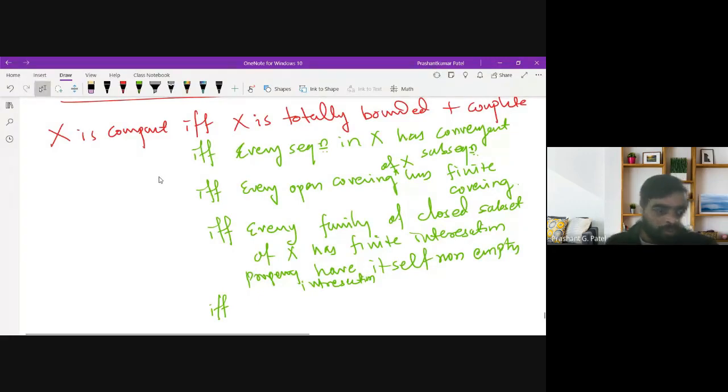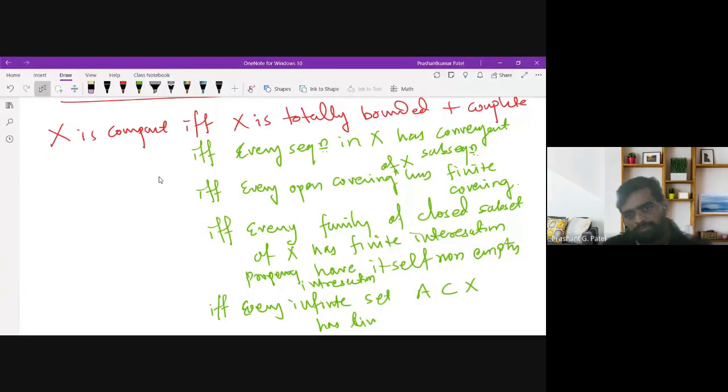That is, if and only if every infinite set A of X has a limit point. So if you pick up any infinite set, that set will always have a limit point.